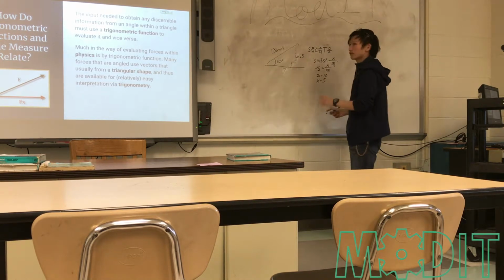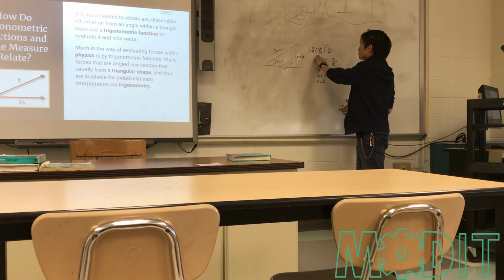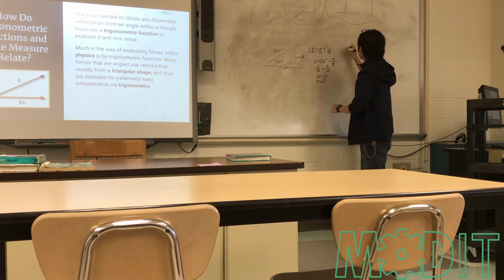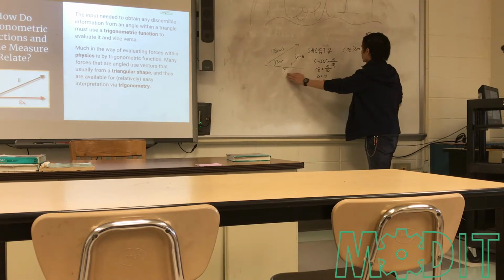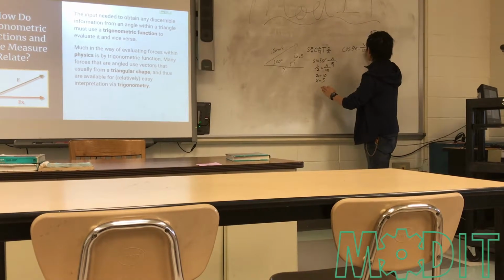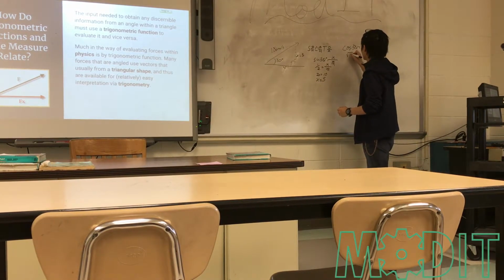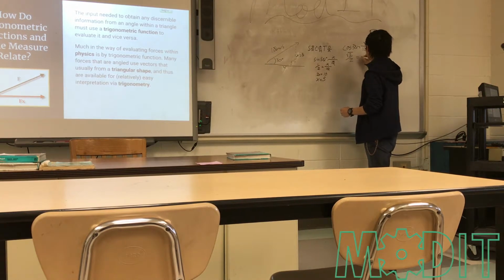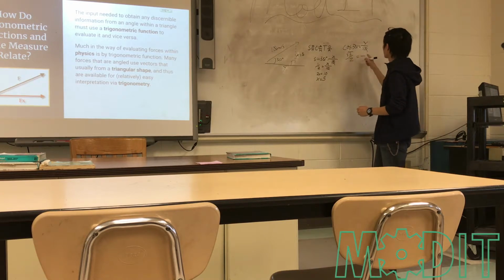And now you can use two different methods. You can use cosine, which is just cosine of 30 is equal to adjacent, which is y, over hypotenuse, which is 10. And cosine of 30 is roughly rad 3 over 2, so that would be equal to y over 10.